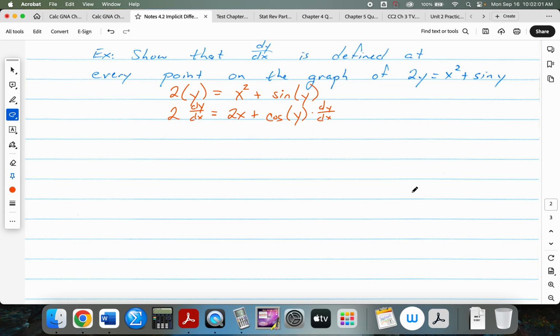To solve this for dy/dx, I'm going to move every term that has dy/dx in it to the left side. I could move them all to the right side. It doesn't really matter. I'm going to get 2 dy/dx minus cosine of y times dy/dx is equal to 2x.